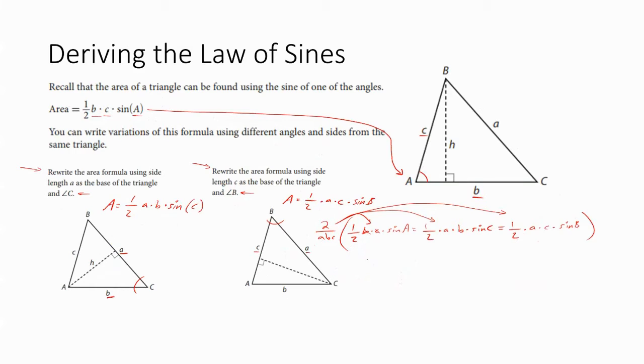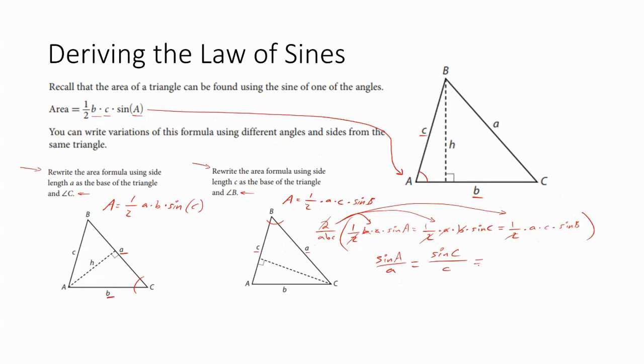So we're going to have sine of A. Notice how multiplying by 2 will cancel out the 1/2s. So you have sine of A over side A. Middle term, I see the A cancels out, the B cancels out, but the C is still there. So we have sine of C over the side of C. Big C is the angle.